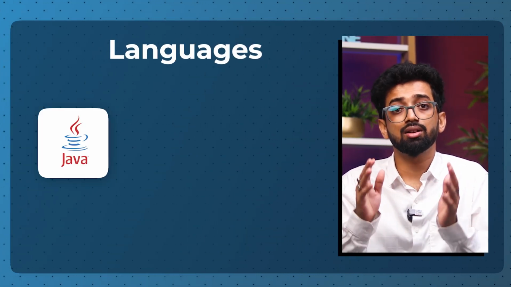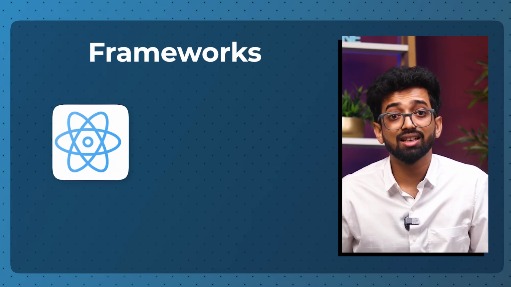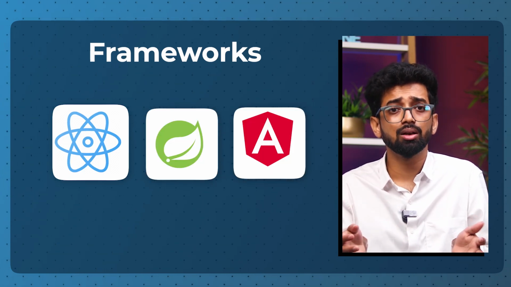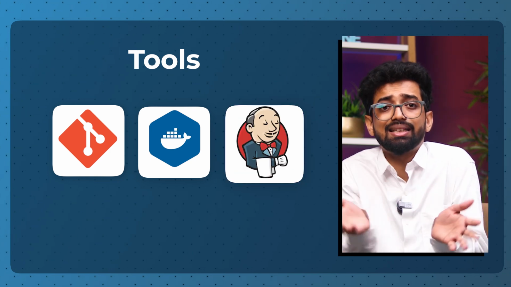List all your front-end technologies in one section and your back-end technologies in another. For example, languages like Java, Python, and JavaScript, frameworks like React, Spring Boot, and Angular, tools like Git, Docker, Jenkins. It segregates everything, so every skill gets equal visibility.